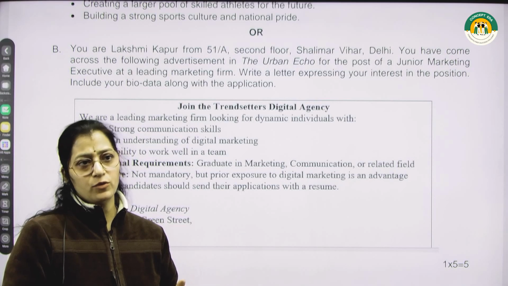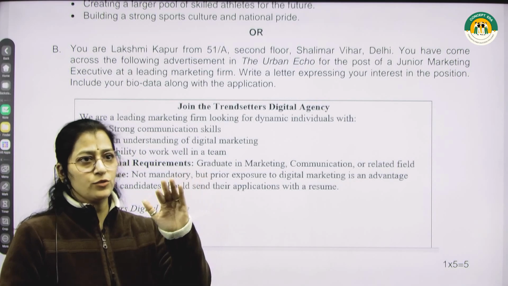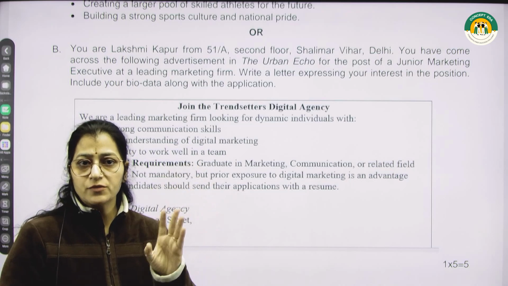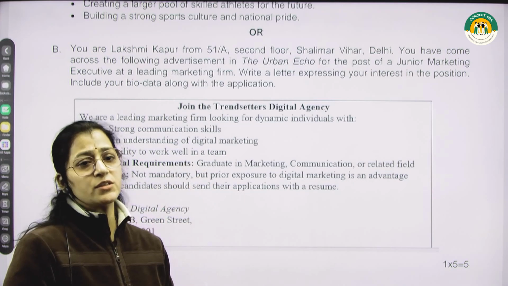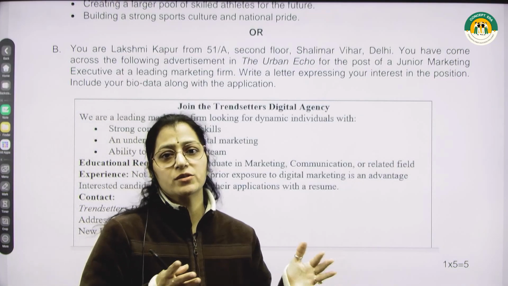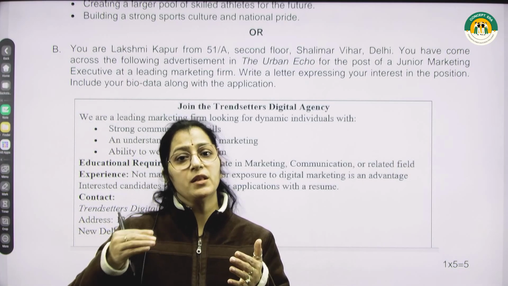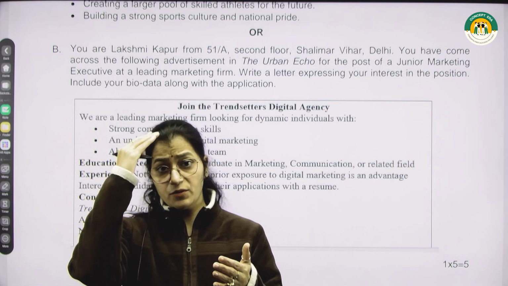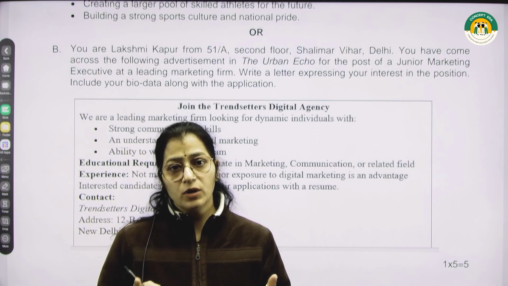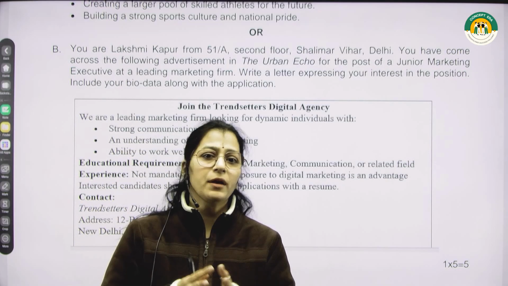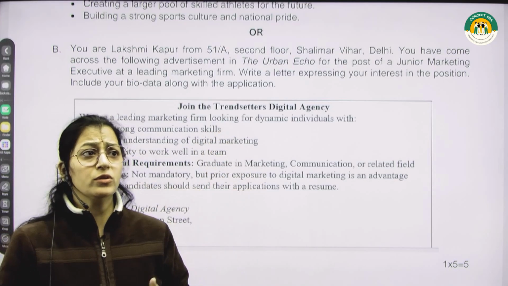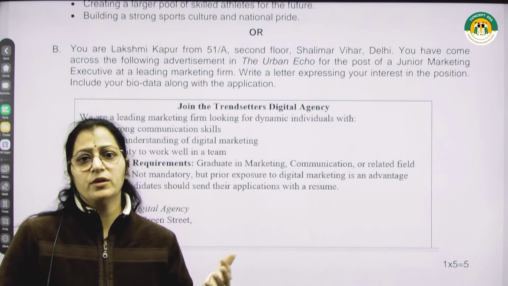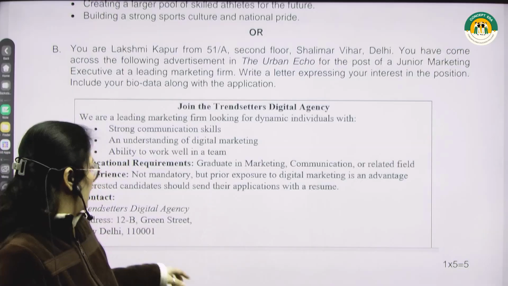In that CV, you know that we have to follow 12 to 13 points which you need to describe, such as your name, your father's name, your mail, your contact number, your address, your DOB, and then your educational qualification. So everything must be written in chronological order, in a proper sequence. Then only you will be awarded the complete 5 marks. So whichever question out of these 2 you find easy and you are confident enough that you can solve, you can follow.